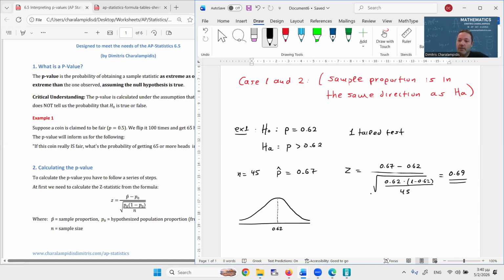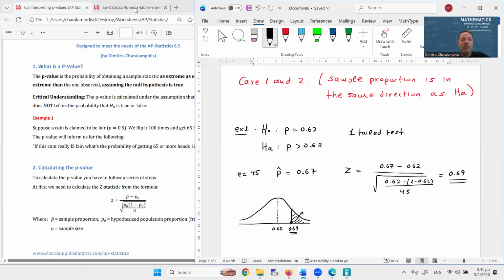I found the z-score of 0.69. So basically, with this z-score of 0.69, I am looking for the area above that. And why the area above that? Because the alternative hypothesis suggests so. How can I find this area?